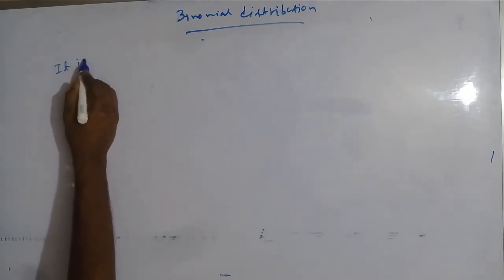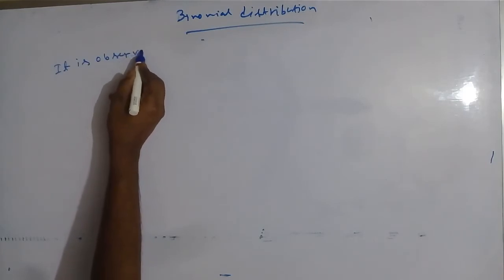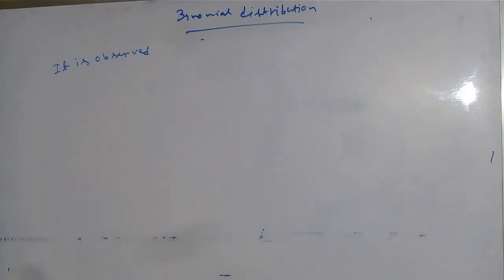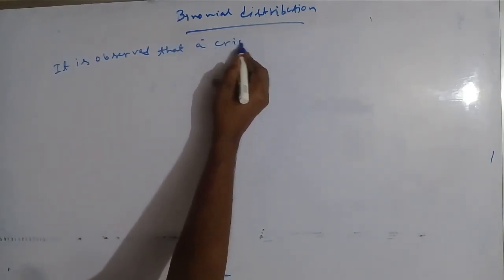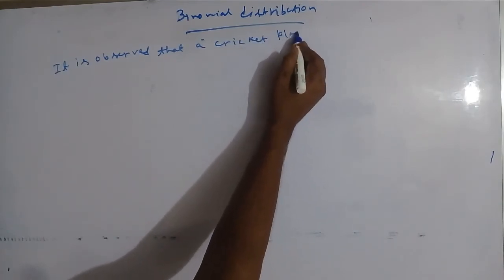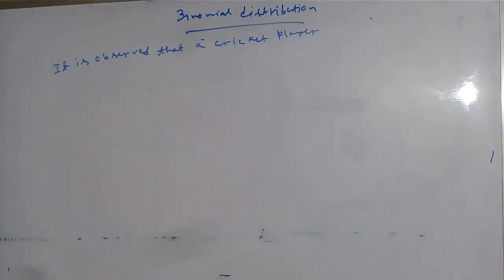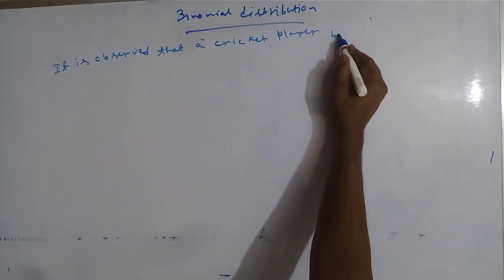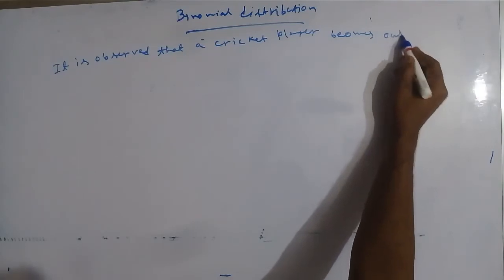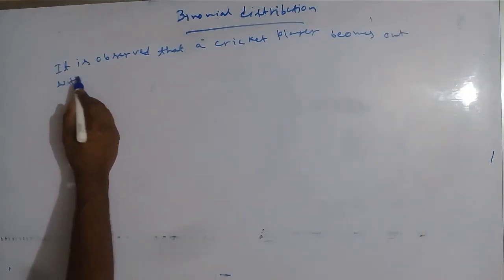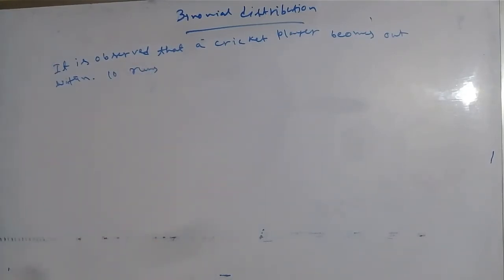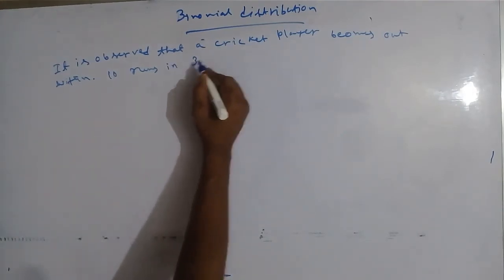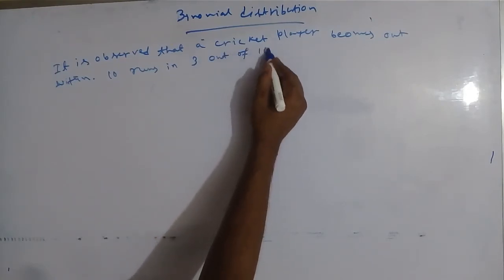It is observed that a cricket player becomes out within 10 runs in 3 out of 10 innings.